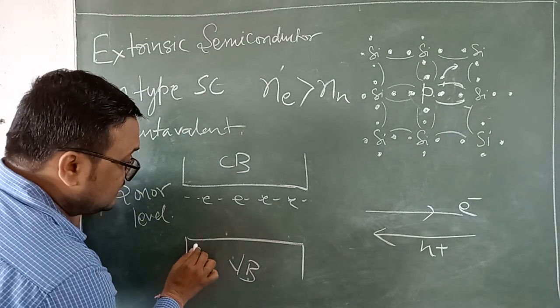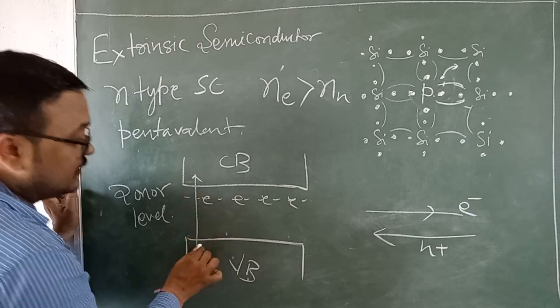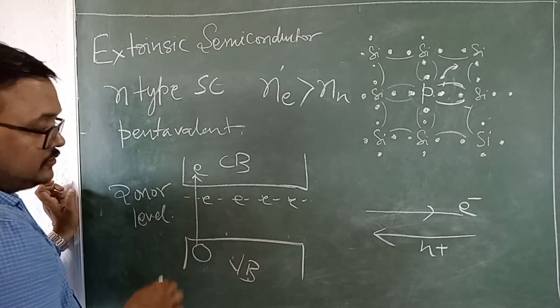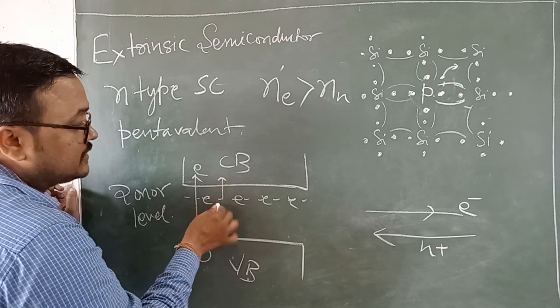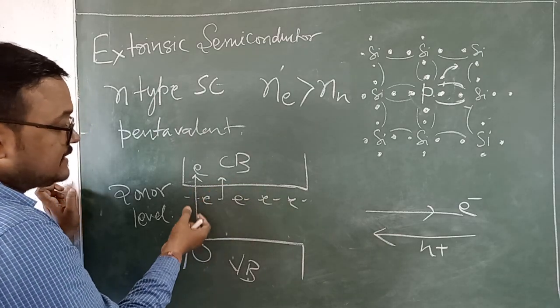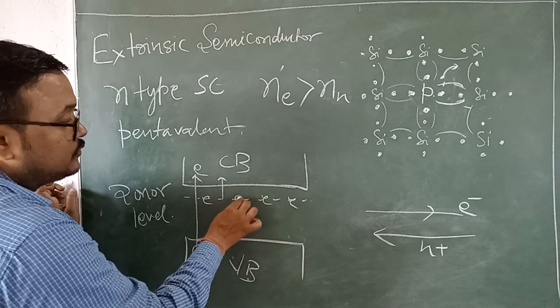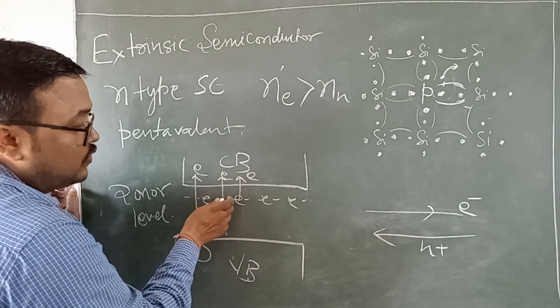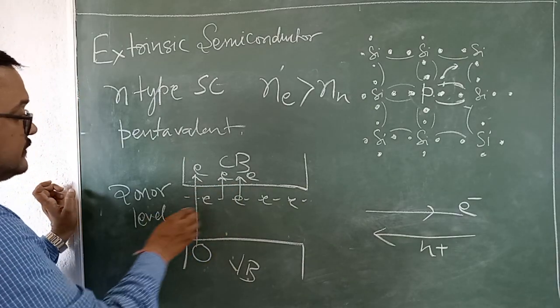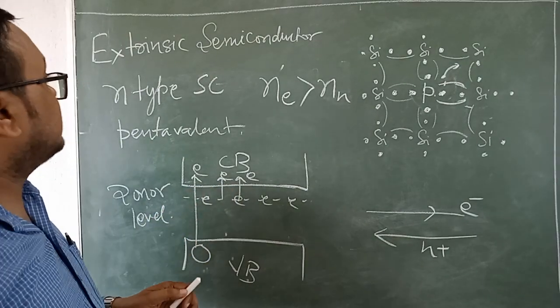An electron jumping from the valence band to the conduction band requires a high amount of energy, but the electron in the donor level can easily jump to the conduction band with less energy, and it does not leave a hole behind it. So this is the N-type semiconductor.